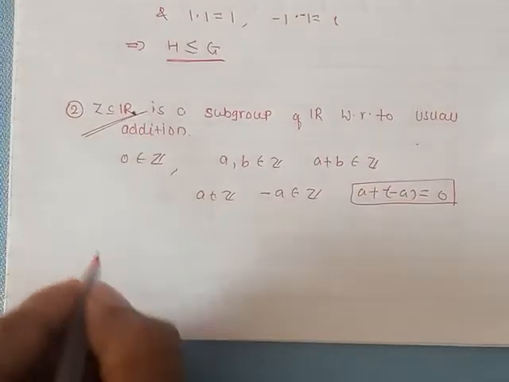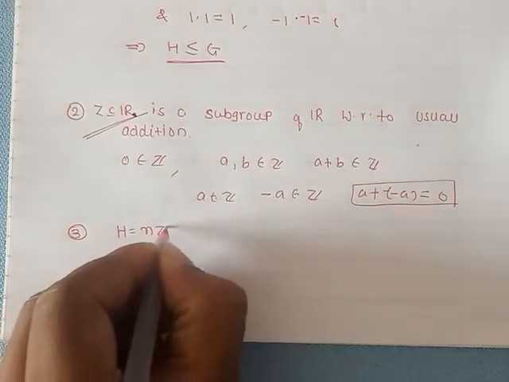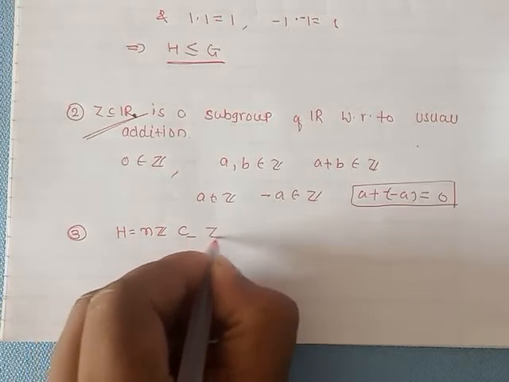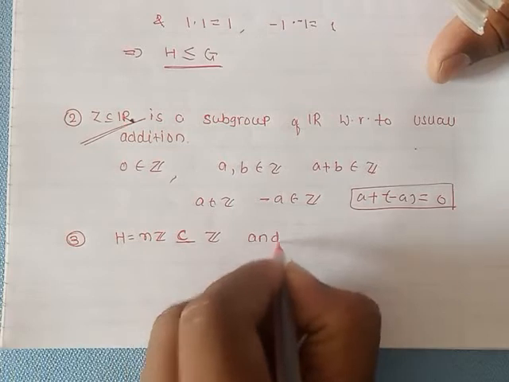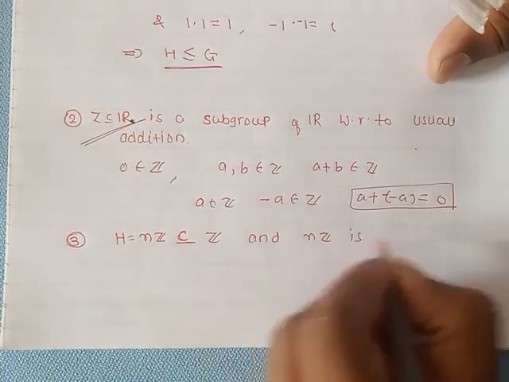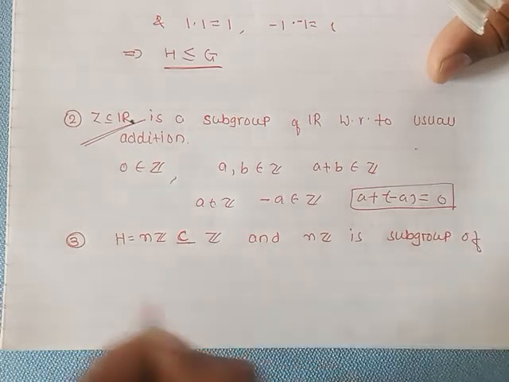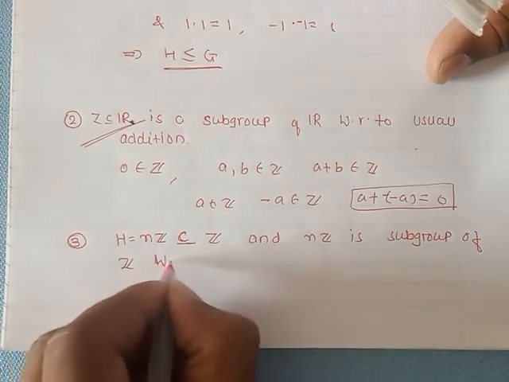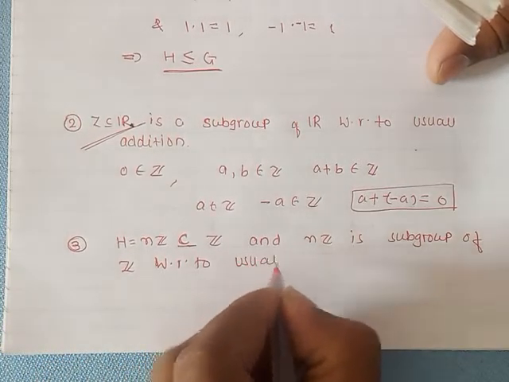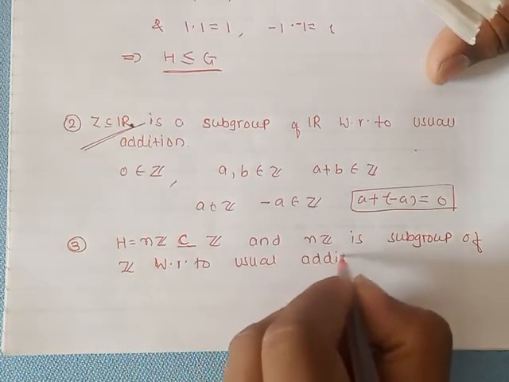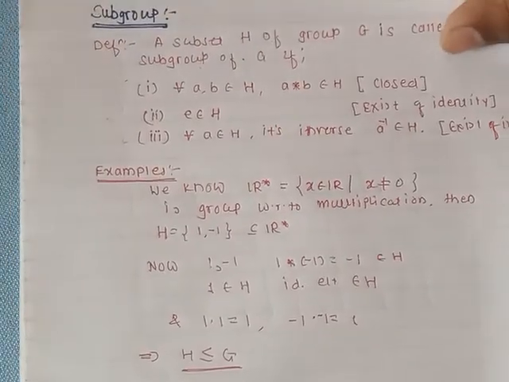Next example, H is equal to nZ, which is a subset of Z, and nZ is a subgroup of Z with respect to usual addition.